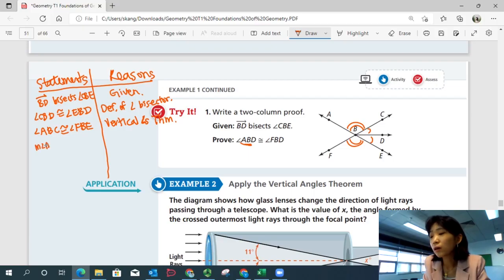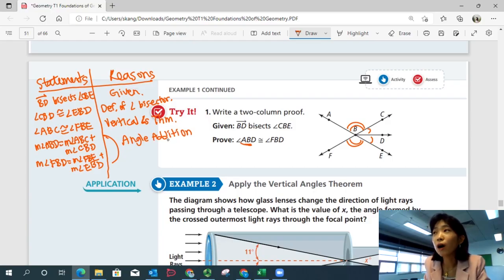So measure of angle ABD is equal to measure of angle ABC plus measure of angle CBD, and measure of angle FBD should equal measure of angle FBE plus measure of angle EBD. And what is the reason? By angle addition postulate.